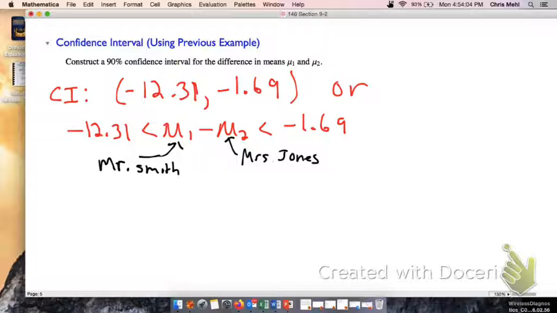Notice this confidence interval does not contain 0. Both your limits are negative. And what this means is we've basically estimated, with 90% confidence, that the mean grade in Mrs. Jones' class is higher than in Mr. Smith's class. And of course, I can write this down for everybody.